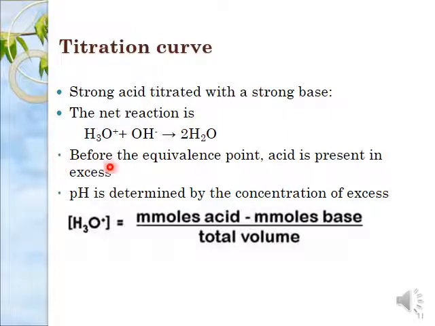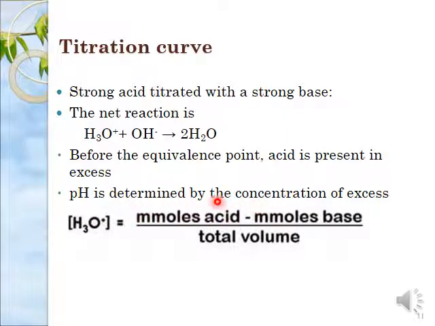Now before the equivalence point, the sample, which is strong acid, is in excess. How do we determine the pH of this sample? We use this formula here. Remember, to find pH, you take the negative log of H+.